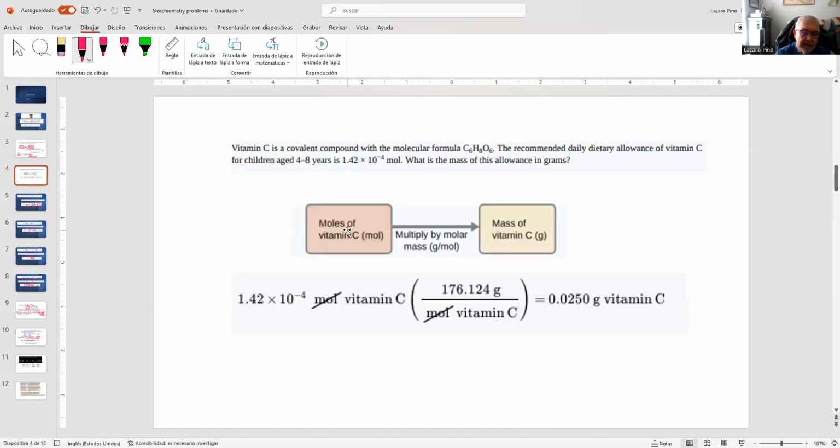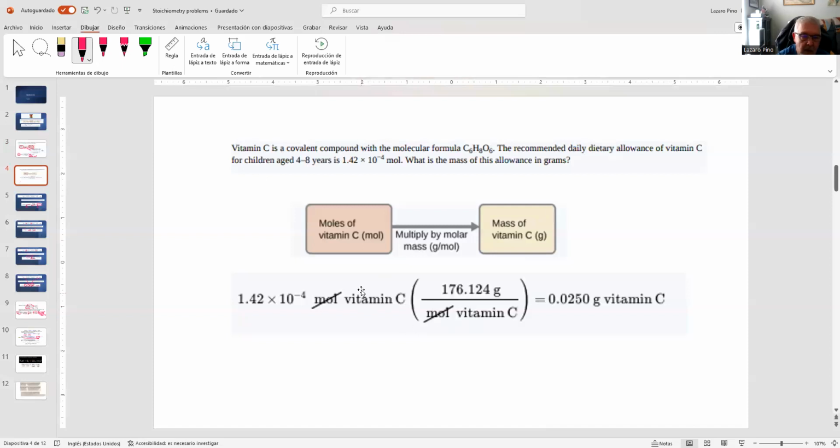In this case, I want to go from moles to mass. It's the opposite. Well, in this case, you have to multiply by the molar mass. In this case is vitamin C. Well, you have the number of moles, and then you multiply by the molar mass of this compound.